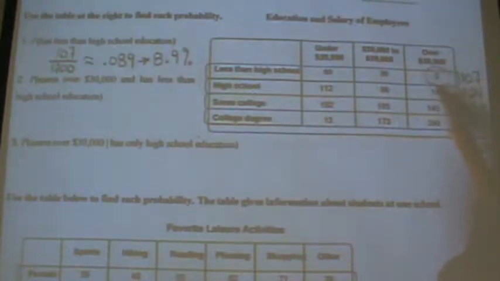So that's this 2 right here. So that's going to be the 2 over our total, which was 1,200 again. So this probability is going to be 2 over 1,200.